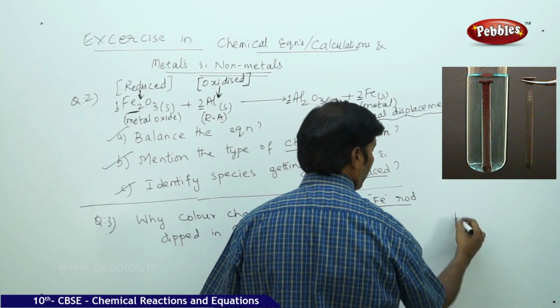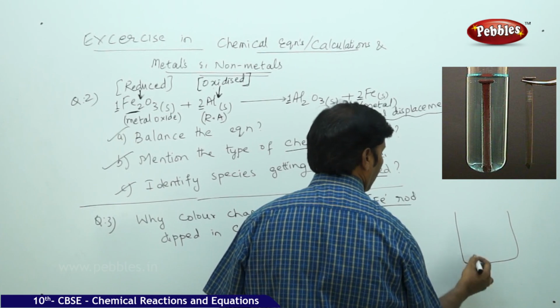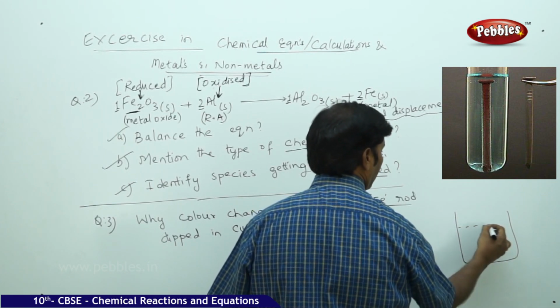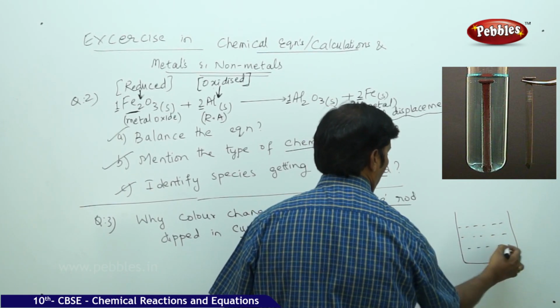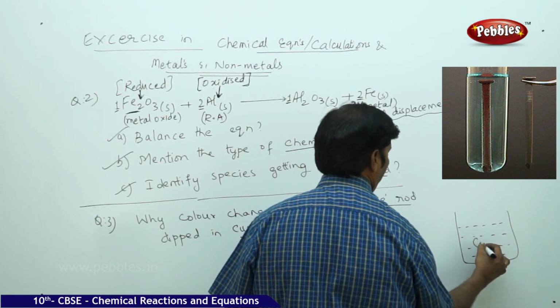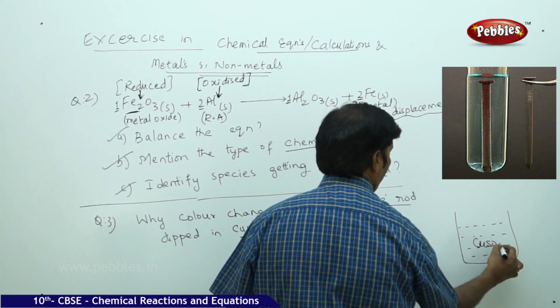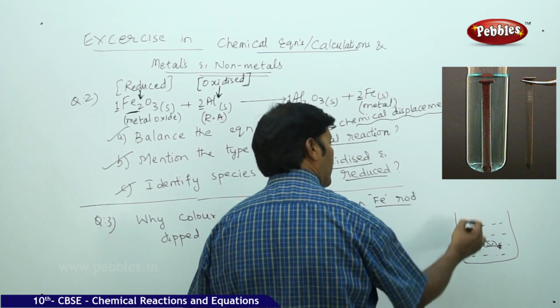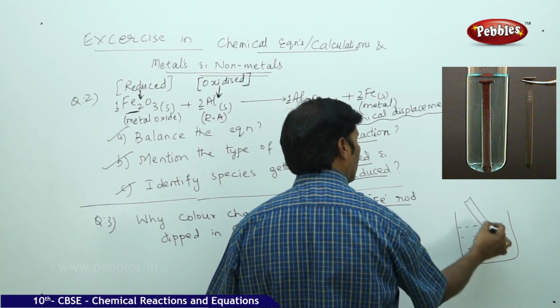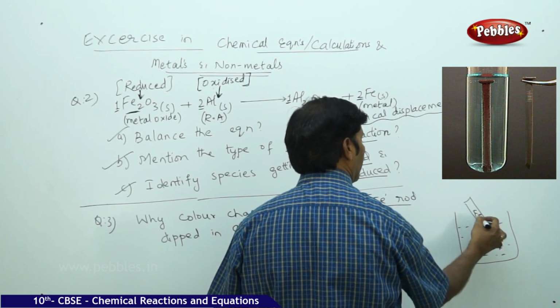So what I am doing here is I am just taking a vessel wherein here this is copper sulphate, and here we are dipping an iron rod. It's a piece of iron rod.